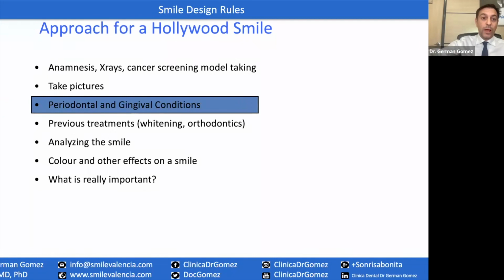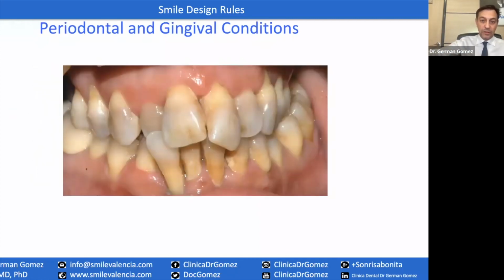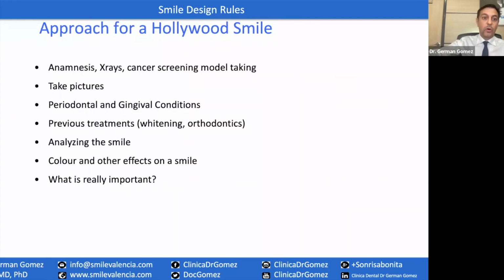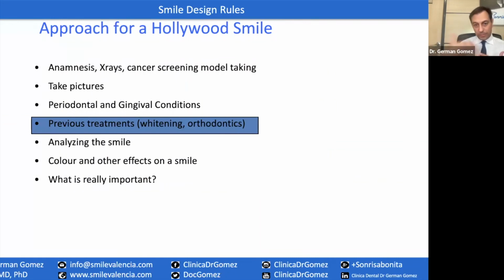Then, of course, we have to make sure that our periodontal and gingival conditions are okay. If these conditions are not okay, we cannot make a smile design on this person. Okay? We have to go through all these treatment phases.